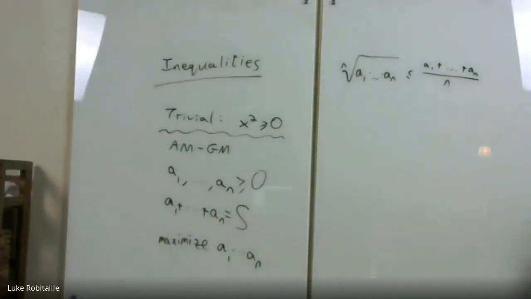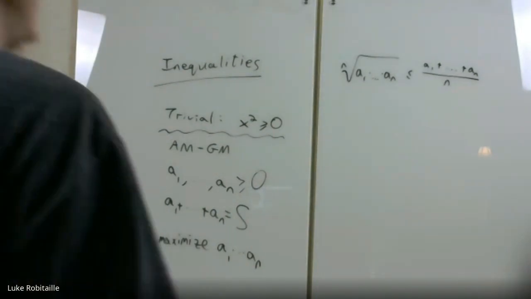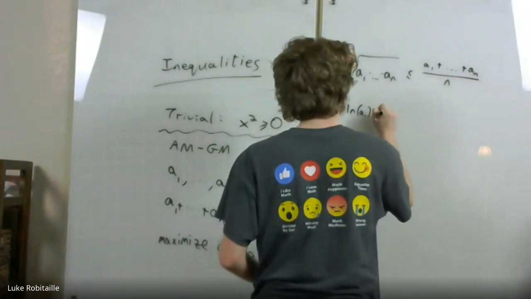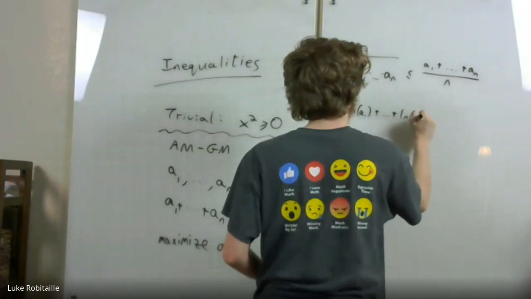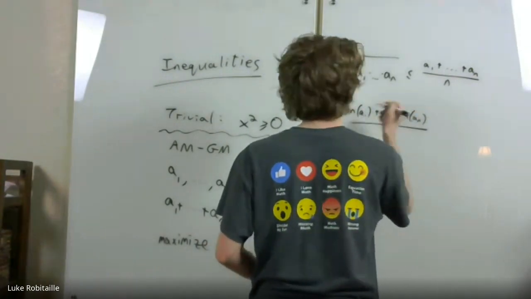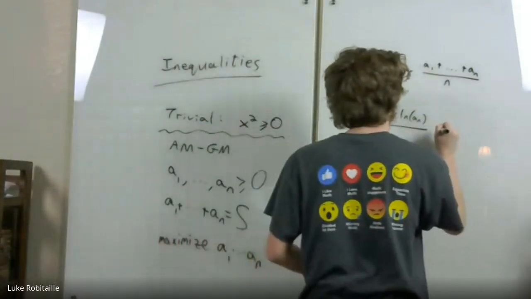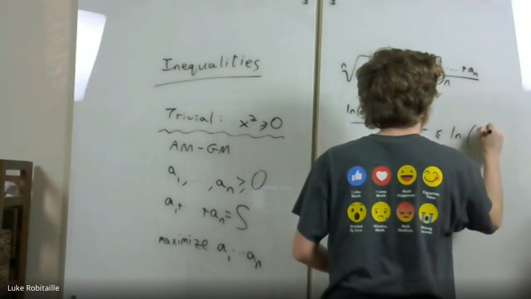If you take logarithms on both sides, you can think of this as saying logarithm a1 plus ... plus logarithm of an. And now I'm assuming they're all positive. If any of them is 0, this is just trivial. So we're assuming that, and you get this.